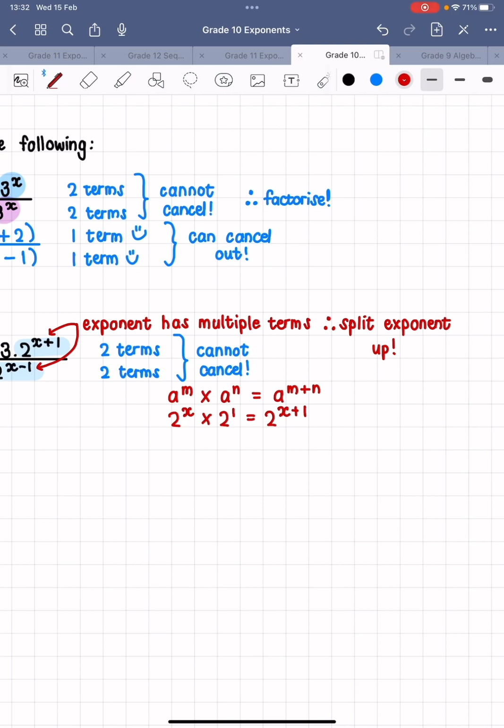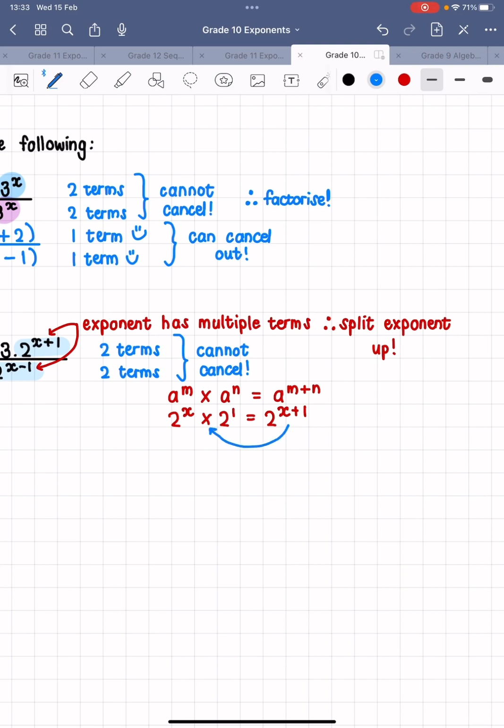So we're used to applying this exponent law in this way, where we have two separate bases and we are putting the two exponents together so that it forms one exponent of one base. Now we are going to move in the opposite direction.